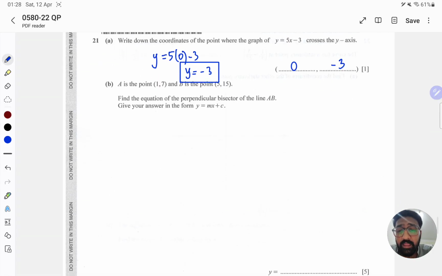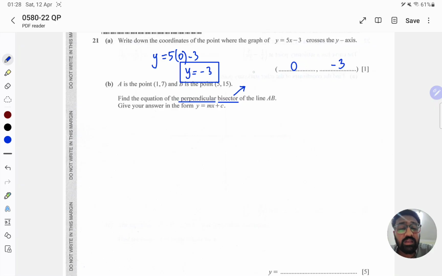Next question, A is the point 1 comma 7 and B is the point 5 comma 15. Find the equation of the perpendicular bisector of the line AB. So there are basically two things hidden over here. First is the perpendicular and the second is the bisector.